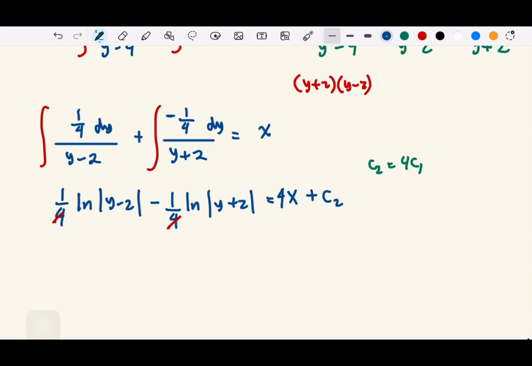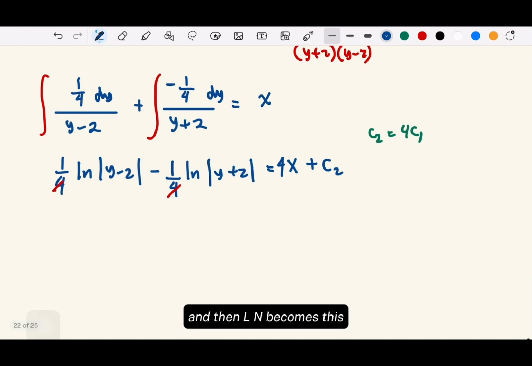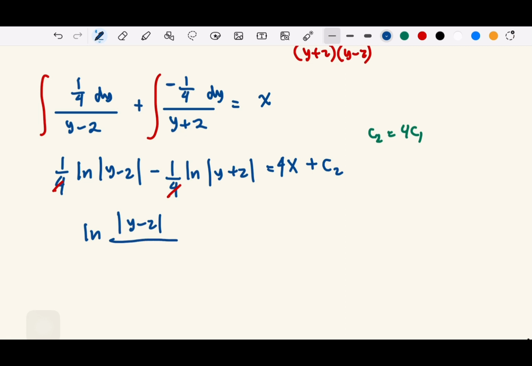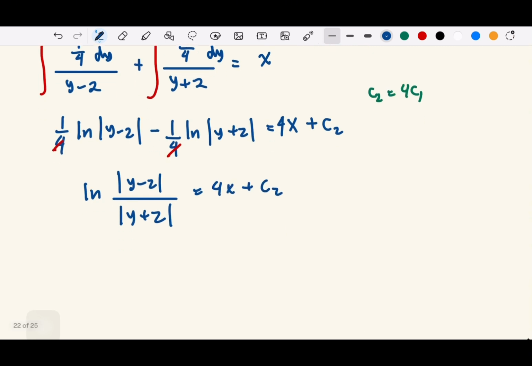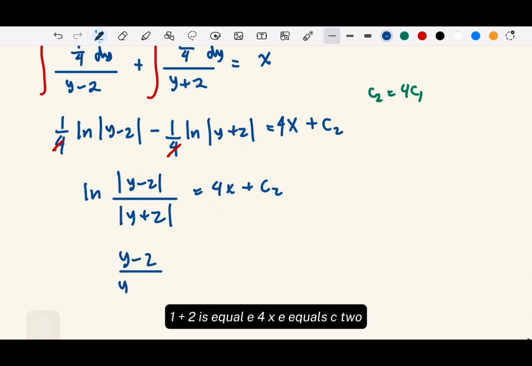Okay, and then ln becomes this. And then we can remove the ln. So (y minus 2) over (y plus 2) is equal to e to the power of x times e to the power of c2.